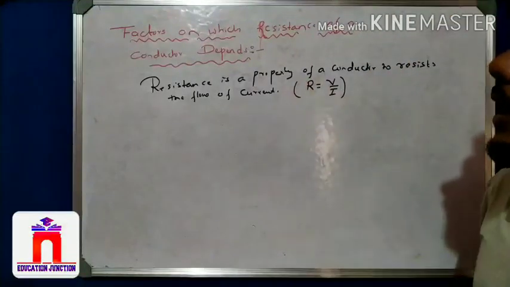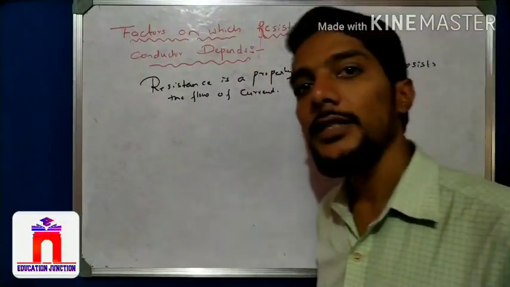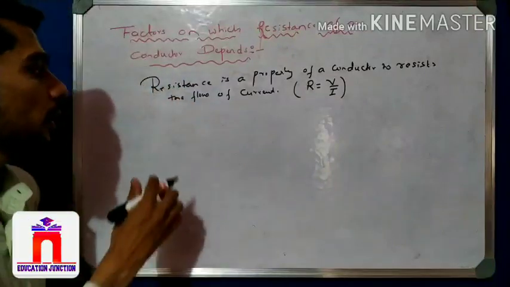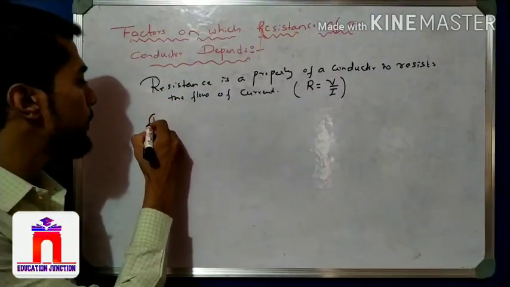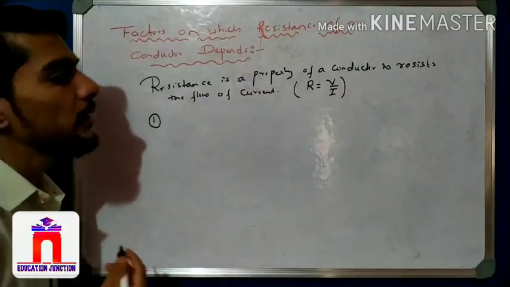Now we have to find on which factors this resistance depends. So here I take factor number one. For example, take some wire.